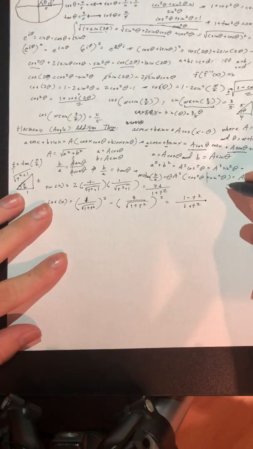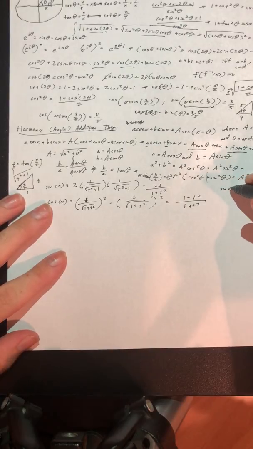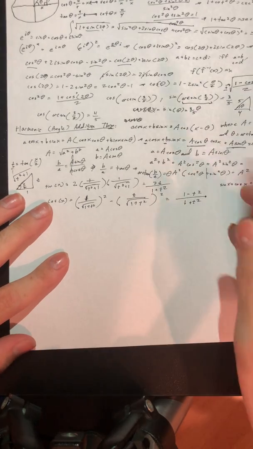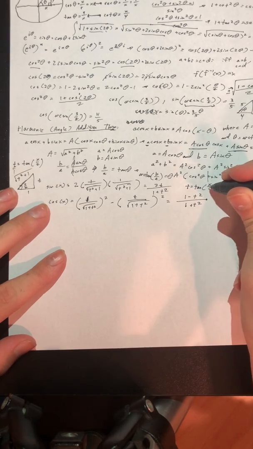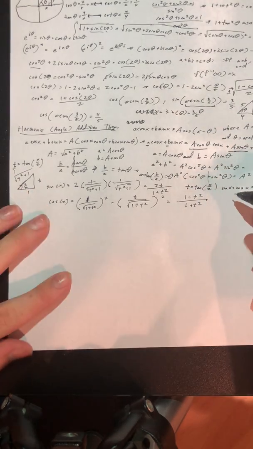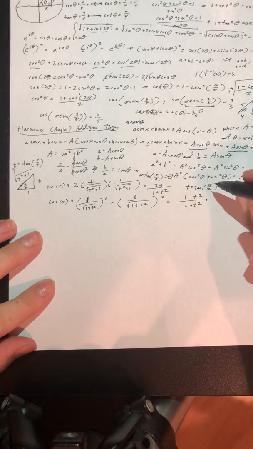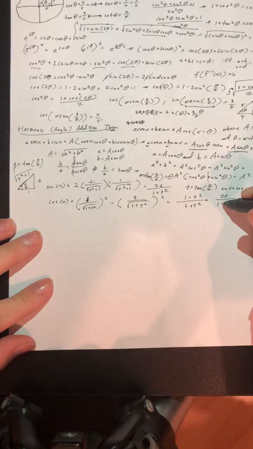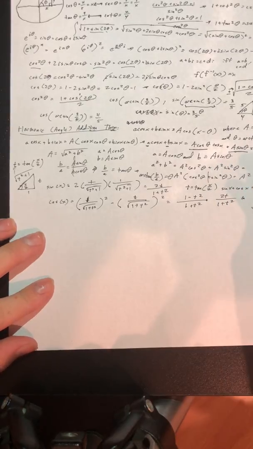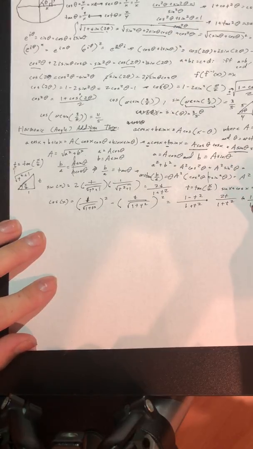For example, sine x plus cosine x is equal to 1/3. So I'm gonna let t be equal to tan x over 2. So what does that give us? So we derive right here, sine x is 2t over 1 plus t squared, so we get 2t over 1 plus t squared, plus we have 1 minus t squared over 1 plus t squared is equal to 1/3.